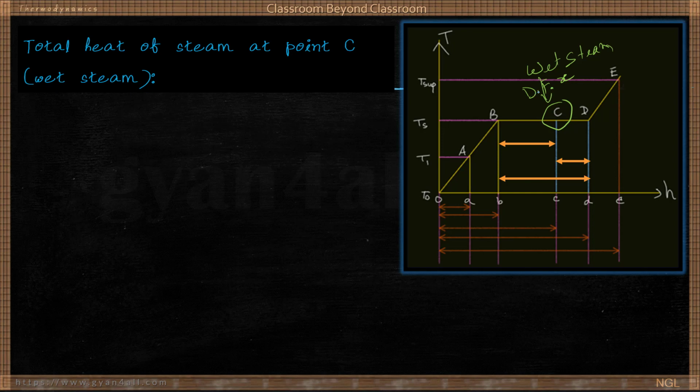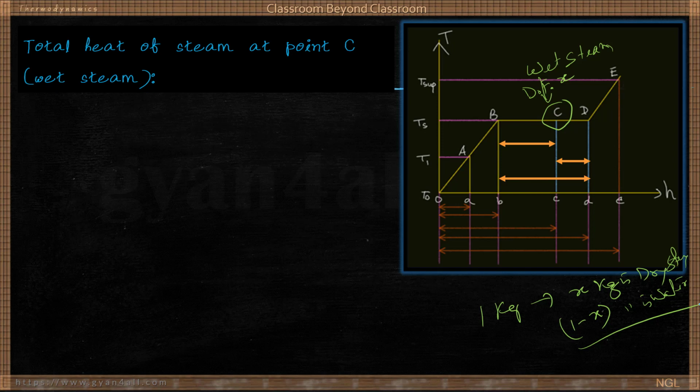Now what does it mean? Dryness fraction is x. That means out of 1 kg, x kg is dry steam, and 1 minus x kg is water particles, or water, same thing.